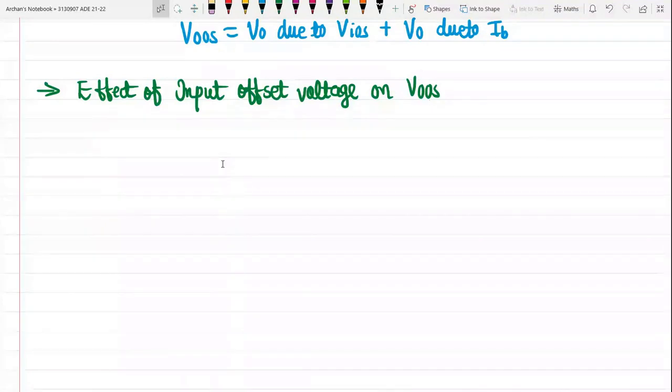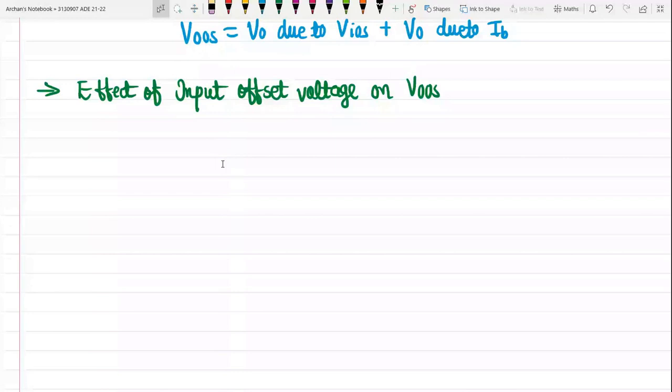It is that voltage which must be applied between the input terminals to get zero output voltage. This is required as the pair of transistors in the differential amplifier stage cannot be exactly identical. But the input offset voltage is very small, of the order of a few millivolts, as we know.